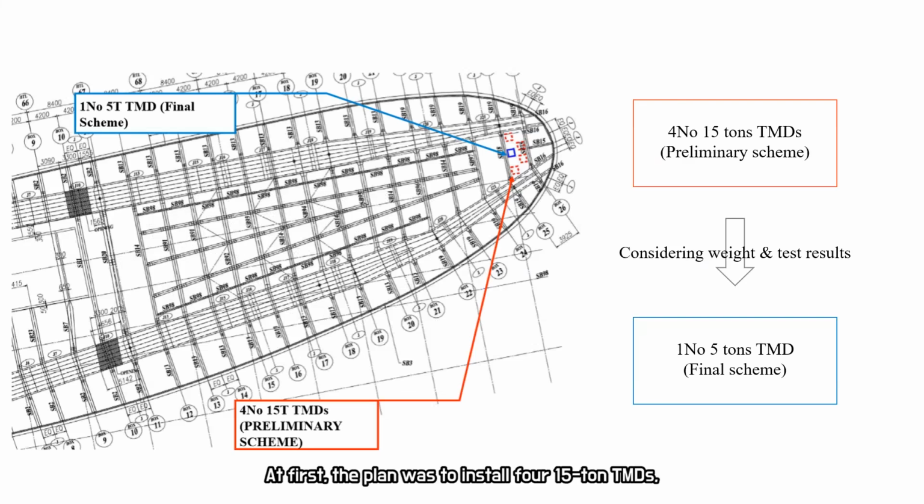At first, the plan was to install four 15-ton TMDs, but the plan was changed to install only one 5-ton TMD, considering weight and dynamic test results.